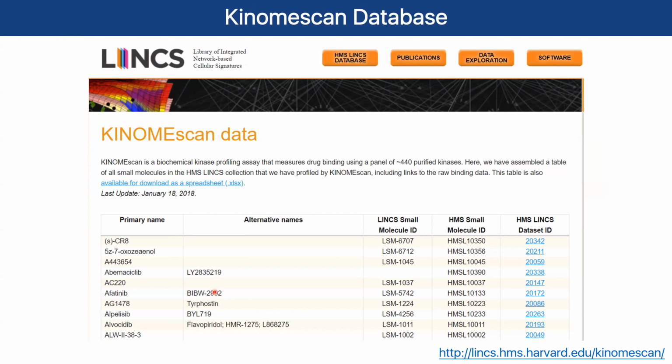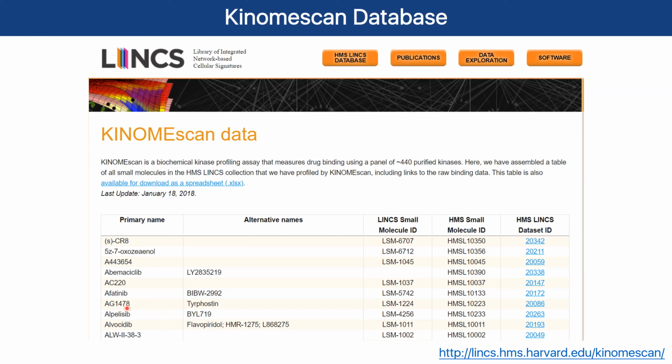So then if you work on kinases, actually there are a lot of resources out there too. This is a website from Harvard Medical School. It's called the Kinome Scan database. So essentially, they list a whole bunch of drug molecules here, and they basically scan the whole kinome, see whether this compound is specific or not.